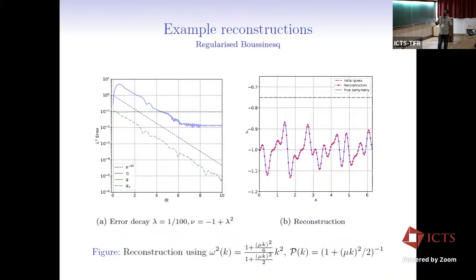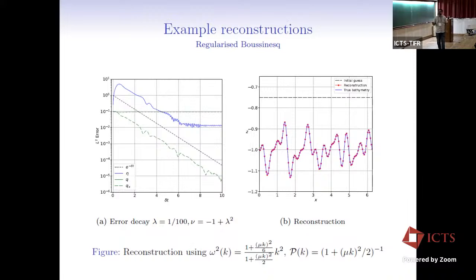This dashed black line is the linear expected decay rate. So the decay in the velocity is following the programmed expected decay rate. And the blue curve is actually the error in the surface profile itself. This seems to saturate at a higher value. It's not too much of a concern to us because we know the surface, so we don't need to reconstruct the surface. What we want to reconstruct is the other variable Q.